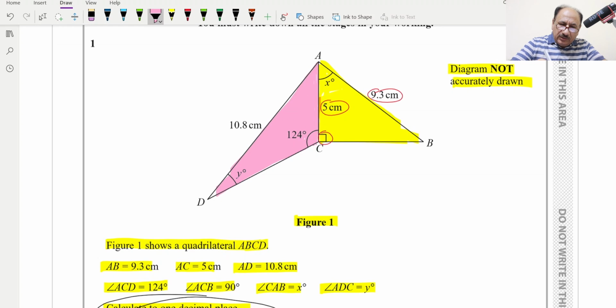What is the sine rule? Basically we have this side and its opposite angle, and we have this side which is 5 centimeters and the opposite angle which we have to find, which is y.